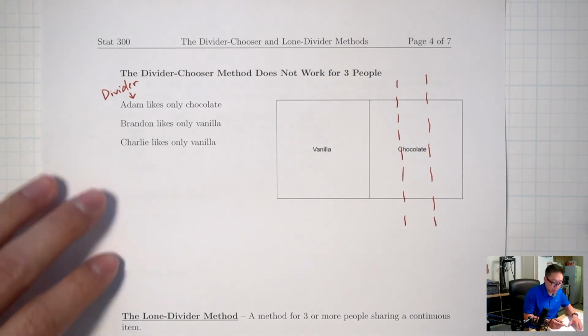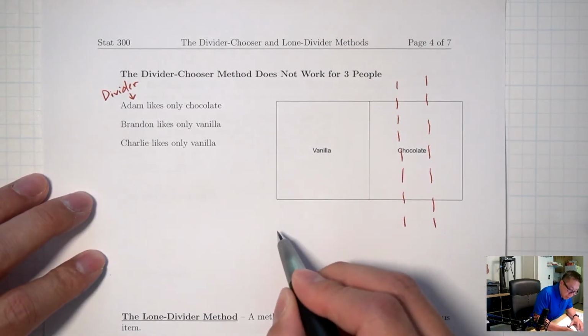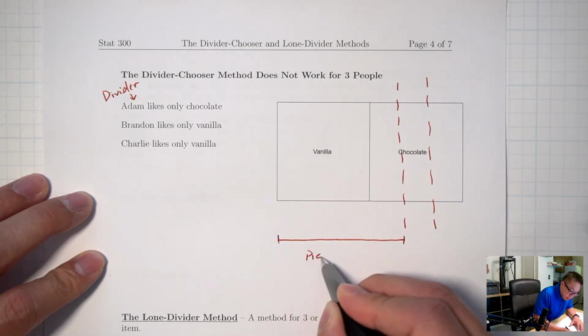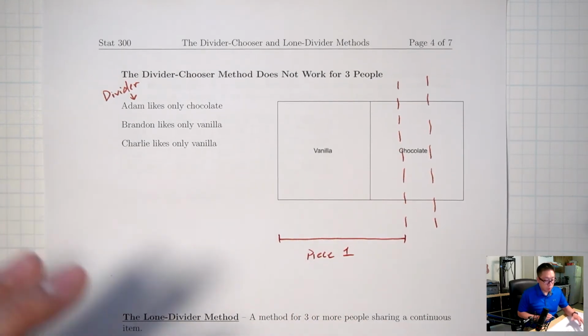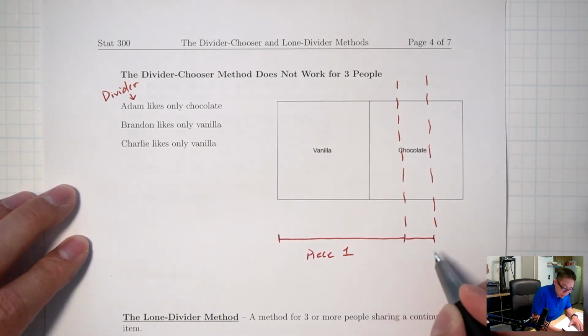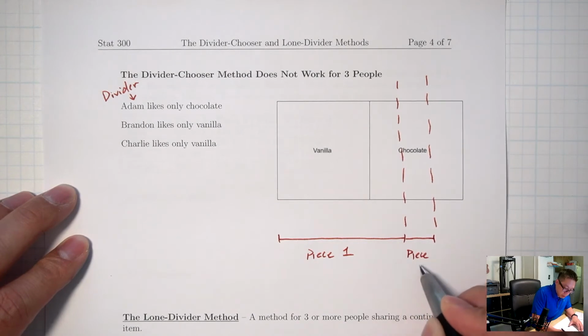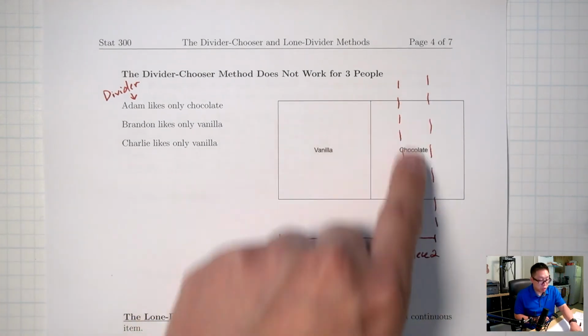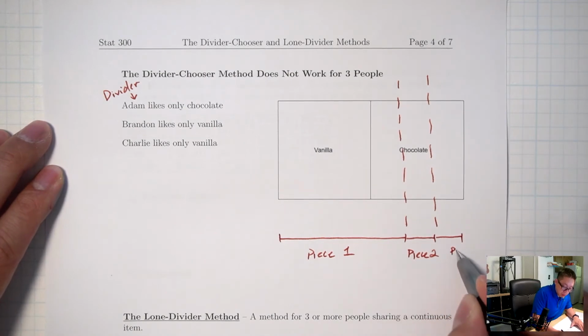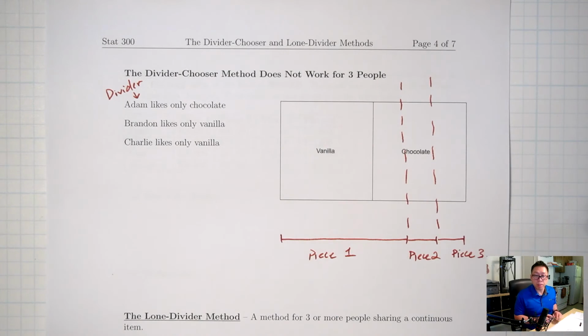So we have 3 pieces here. We have the piece on the left, which has the vanilla part. We have the piece in the middle here, which is just chocolate. And then we have the piece on the right side, piece 3, which is just chocolate.